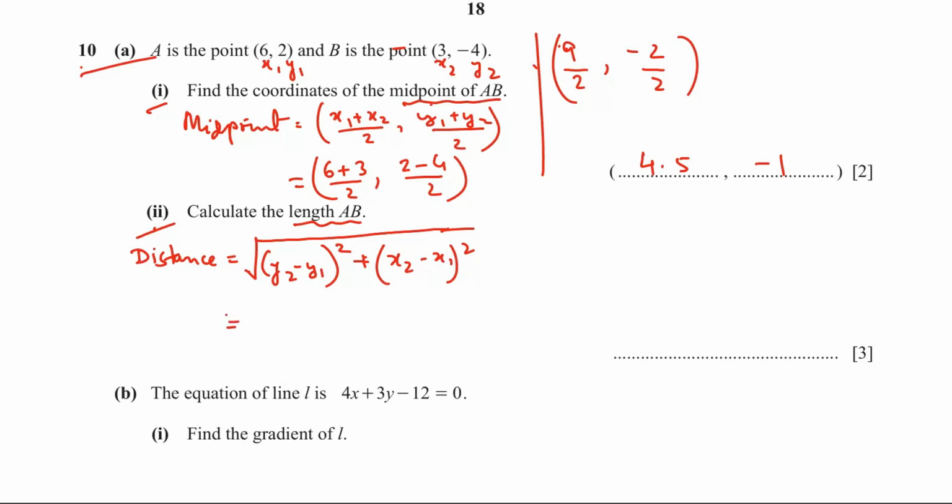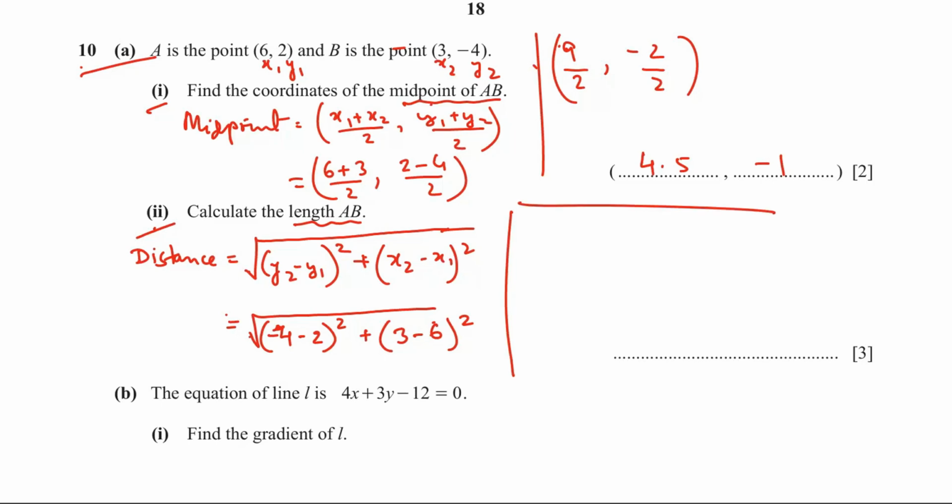Okay, so going back, y2 is minus 4 and y1 is 2, all squared, plus x2 is 3 minus x1 is 6, all squared.